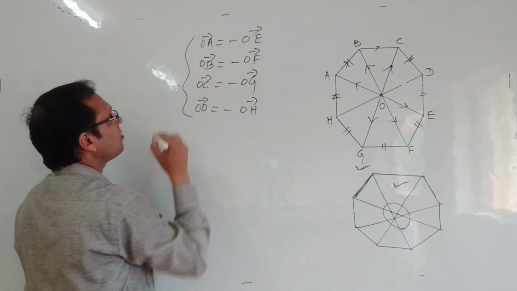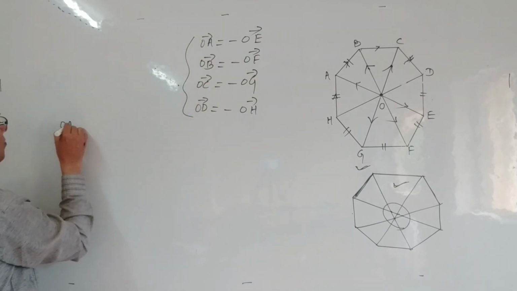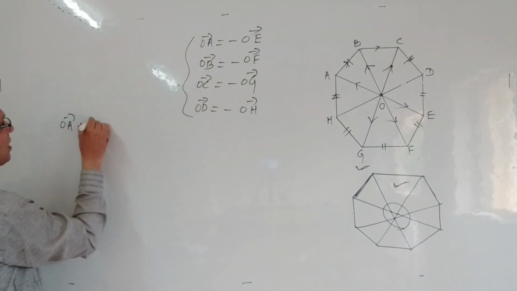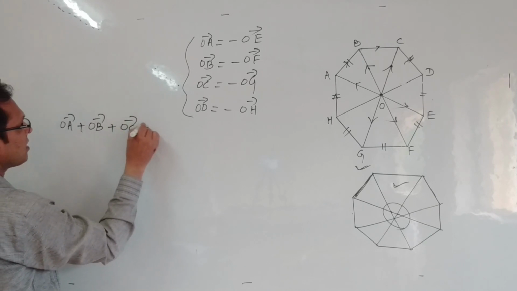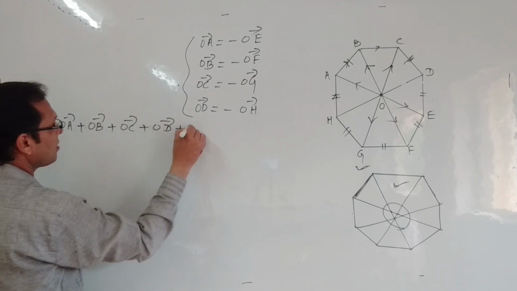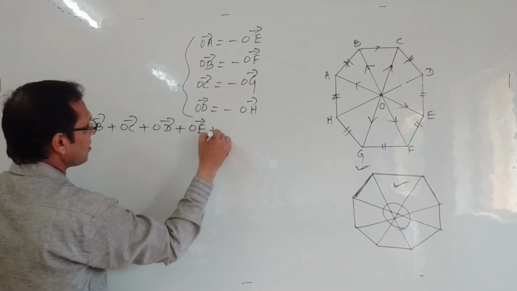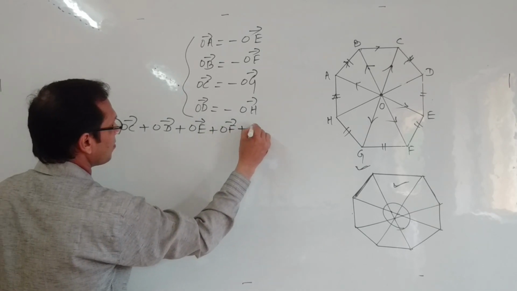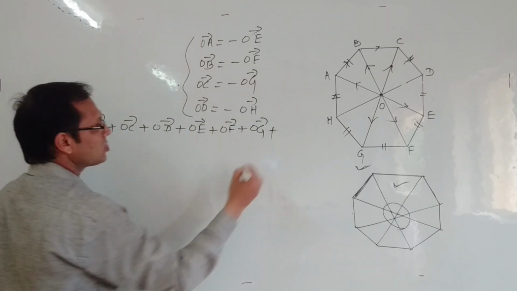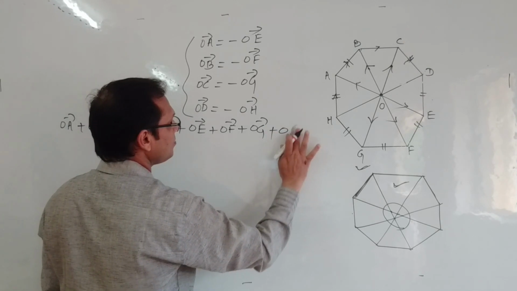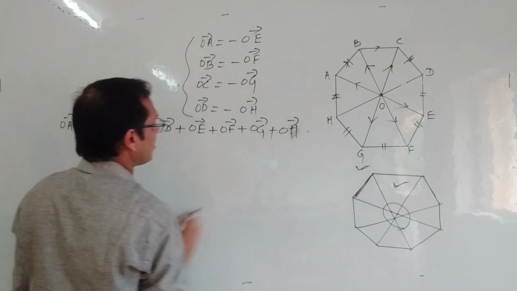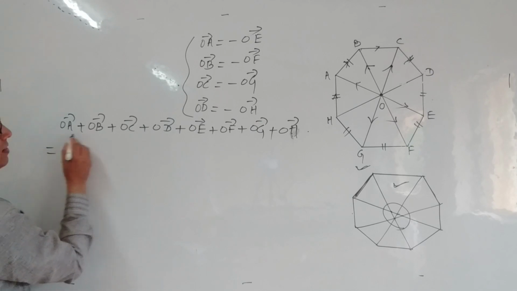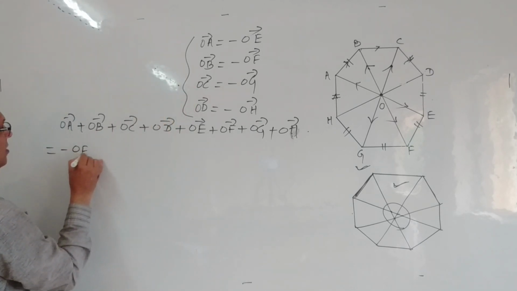So now you have to add. Now OA vector plus OB vector plus OC vector plus OD vector plus OE vector plus OF plus OG vector plus OH vector. Now OA vector can be replaced by minus OE vector, isn't it?